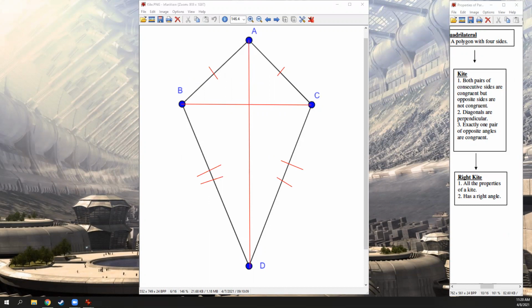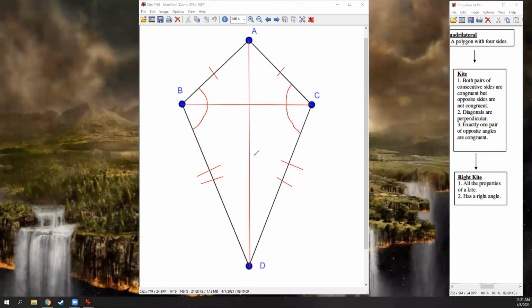What they mean by that is angle B and angle C are equal angles. A and D are not equal angles, and they don't even look equal, right? They don't even look similar. But B and C, the 2 wingtips is what I like to call them. Your 2 wingtip angles are going to be equal.